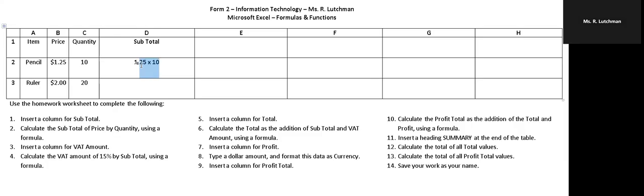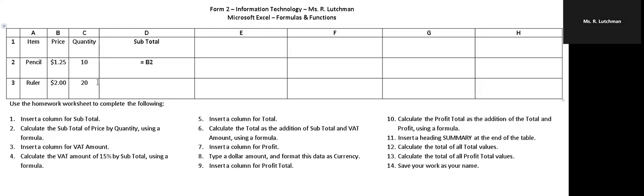Now this might be fine in maths, but we are doing IT, so this is wrong. I cannot write the answer either, 12.5, wrong. That is not what we do in IT. We use a formula in this case. So we're going to write an equal sign and then a cell address. So what is the cell address of the price? Let's see, that's in B2.